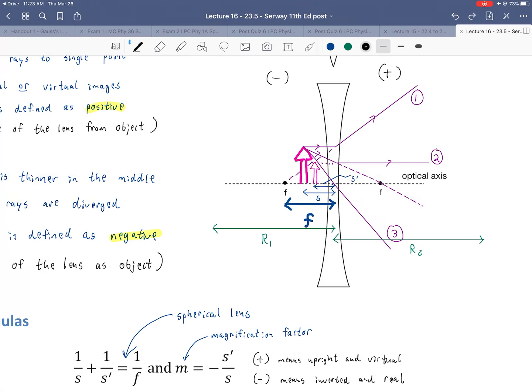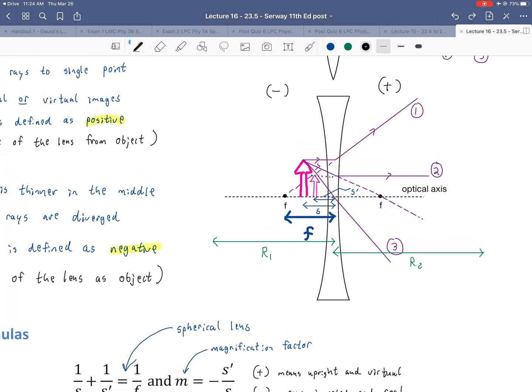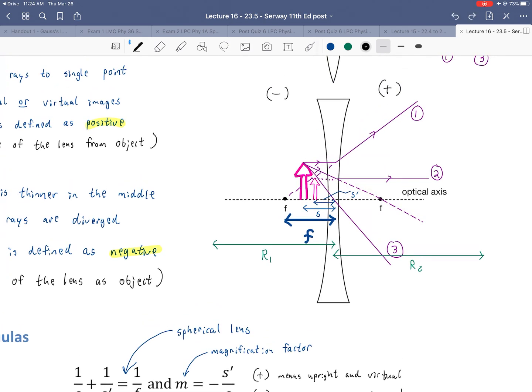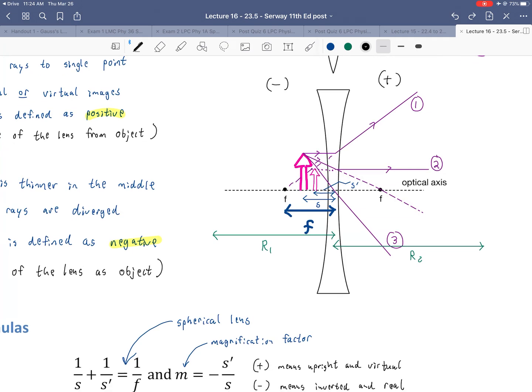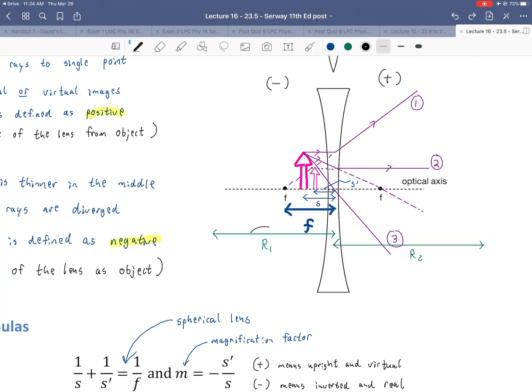So, now back to the sign convention, because the sign convention holds here. That whole idea that this is the negative side and this is the positive side holds for everything about lenses. So what does that mean? Well, that means that R1 is negative and R2 is positive for this diverging lens.